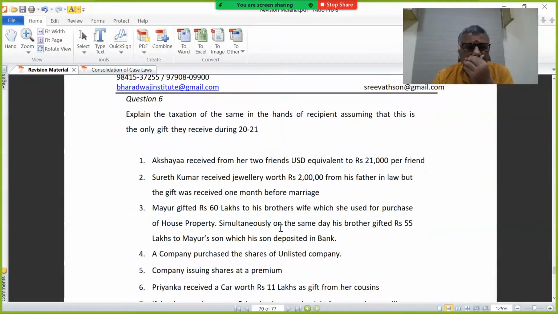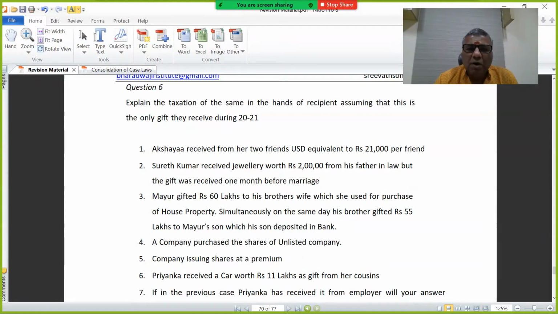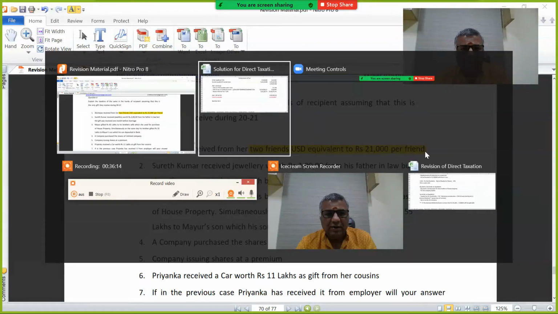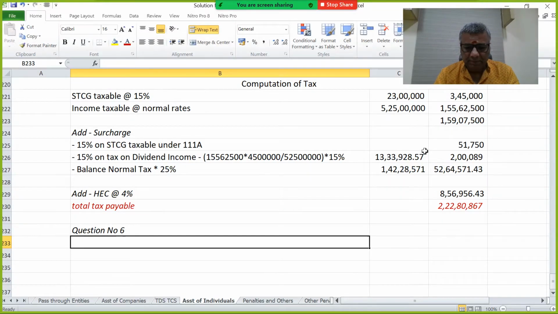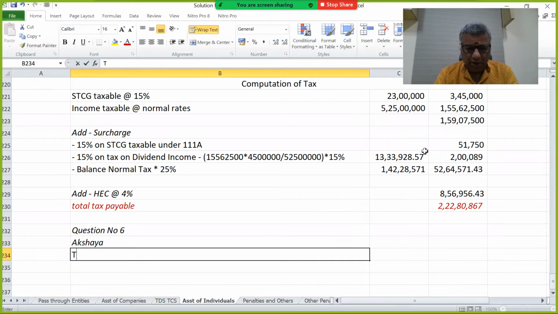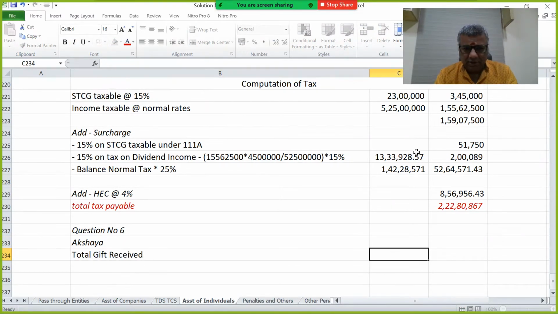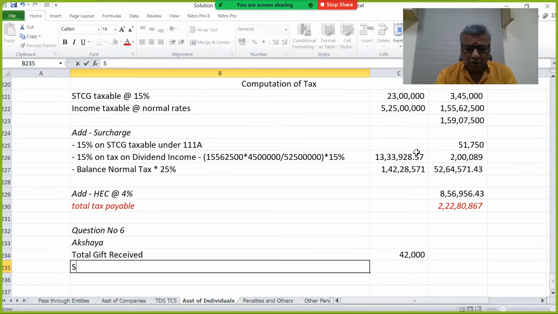Akshaya received from her two friends US dollar equivalent to 21,000 per friend. Total gift received is 21,000 into 2, 42,000.